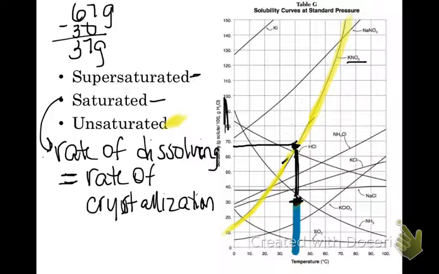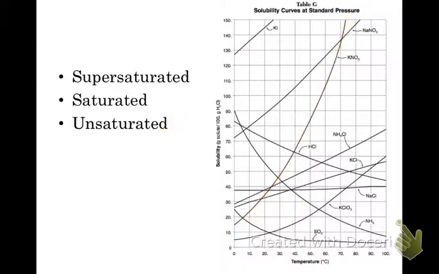Other things you need to look out for is the 100 grams. Sometimes they'll ask about 50 grams or 200 grams. So, for example, we'll still use KNO3 because it's there.